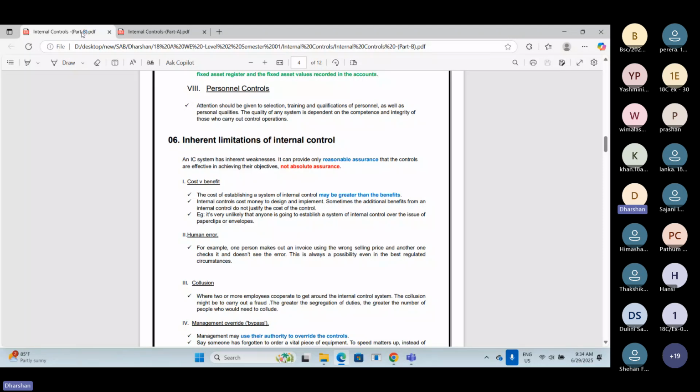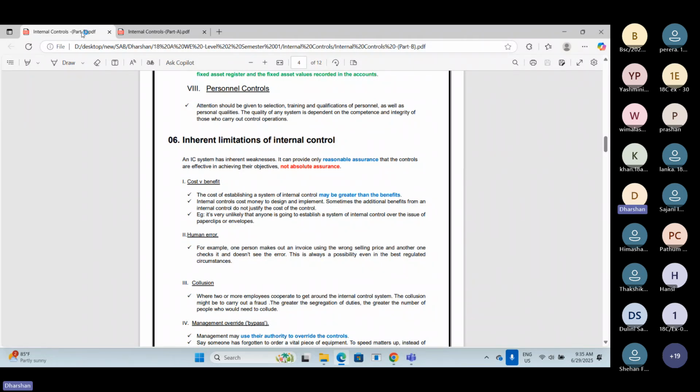So organizations normally do not implement controls for small processes, because implementing controls for small processes has more cost than benefit.